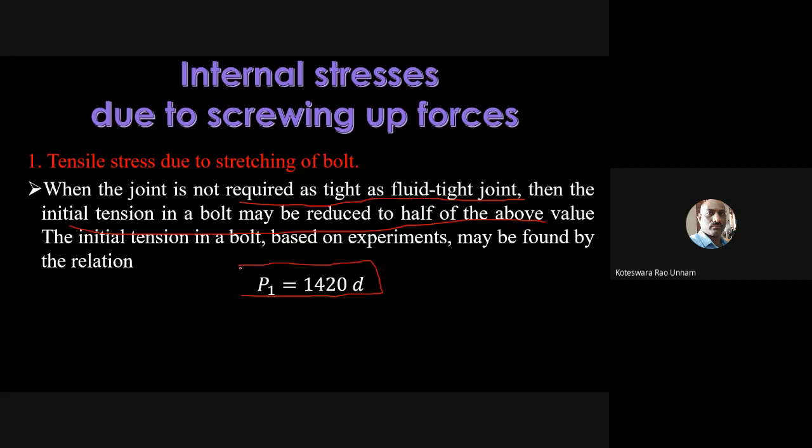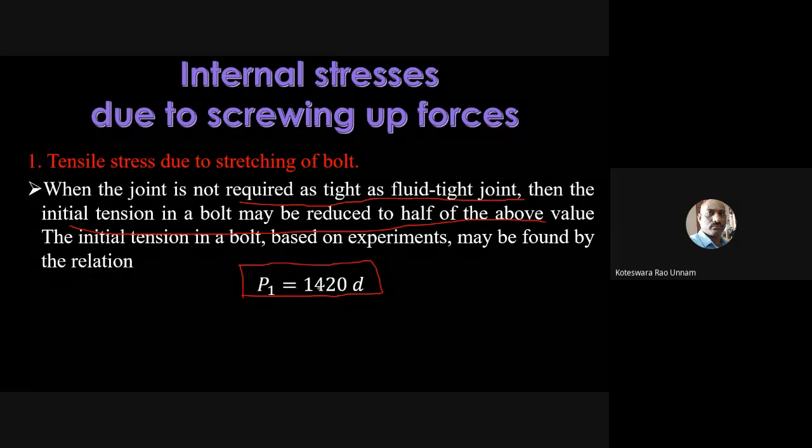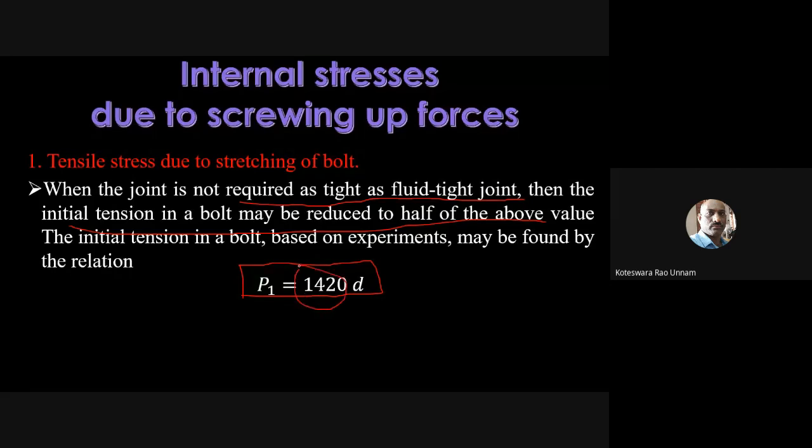So if the joint is a non-fluid tight joint, it is going to be only half of the previous value. Earlier you had 2840D, now it is only 1420D. That is the initial tension you need to consider if the joint is a non-fluid tight joint.